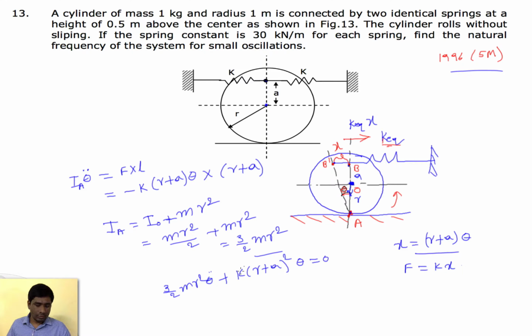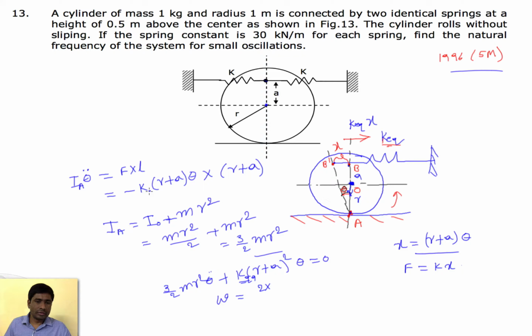And here we need to calculate omega. Omega equals root of k equivalent. Here these two springs are in parallel, so k plus k, it will become 2k.